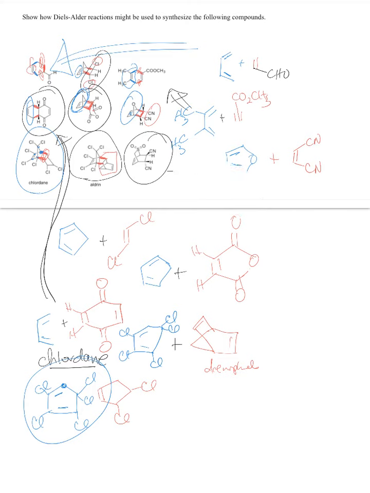Let's make sure I do the retrosynthetic arrow here. We'll do this one here. Okay, so we have these sigma bonds originated from my diene right here. And I notice that my nitriles are cis and trans. So I'm going to draw my dienophile as such. And then I'm going to make my diene, this group here, and I'm going to count how big this system is. So let's start with sulfur. 1, 2, 3, 4, 5, 6.